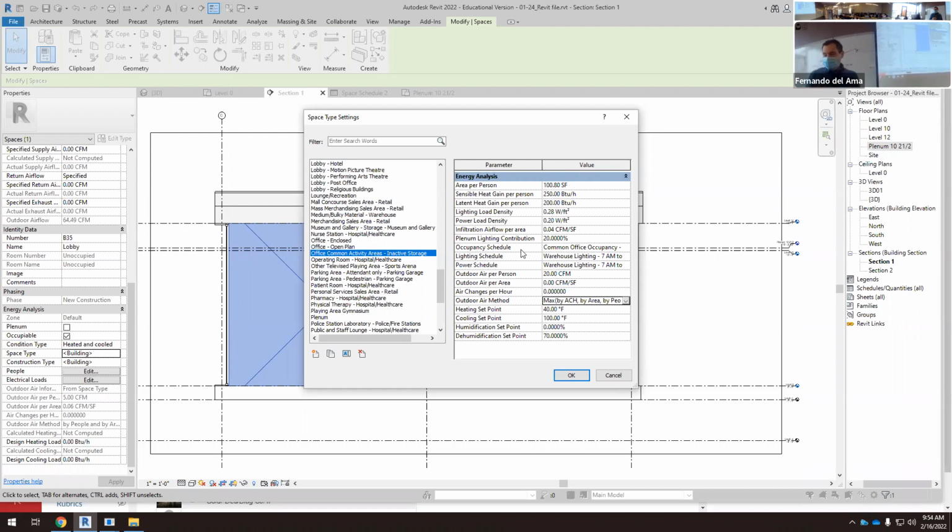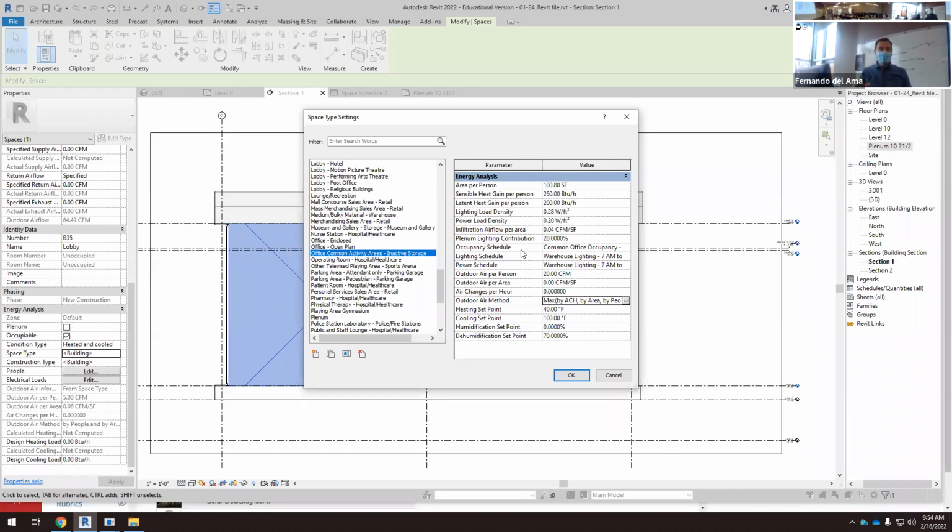I will take a look at it, and if something is weird, I would change it. But if I'm not in the conditions to know about the latent heat gain or whatever, let's keep it. But that's the good thing of comparing these results with other software.